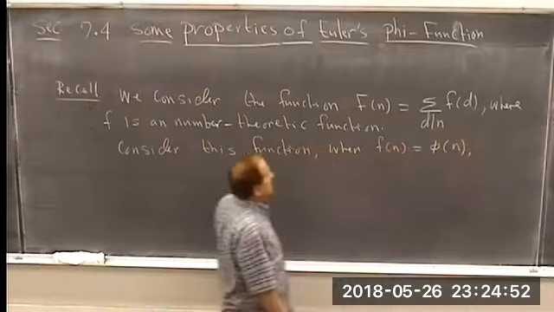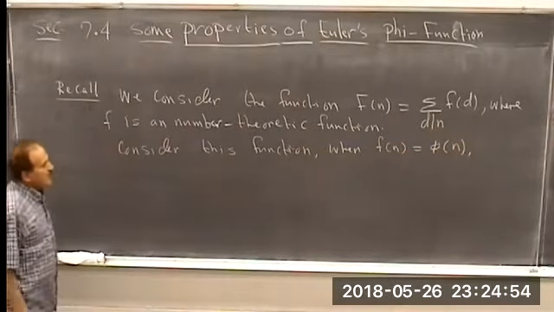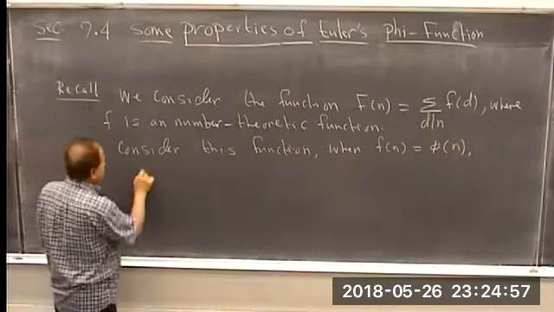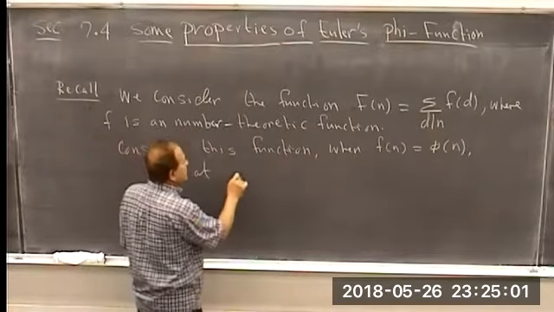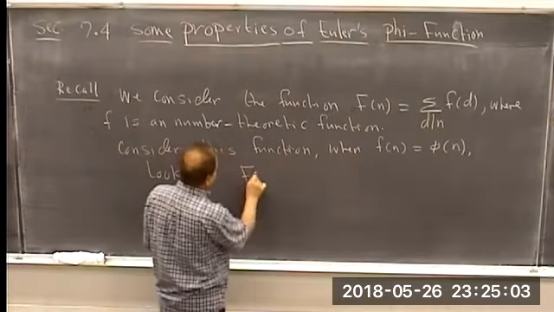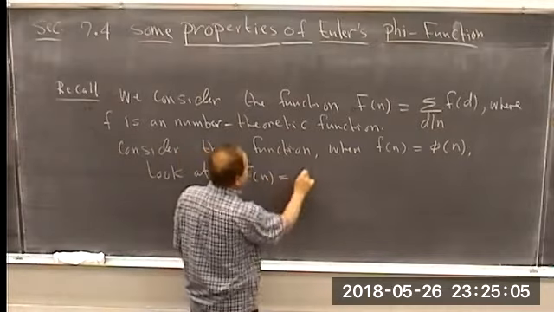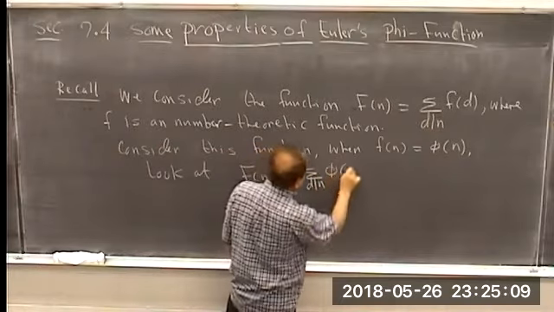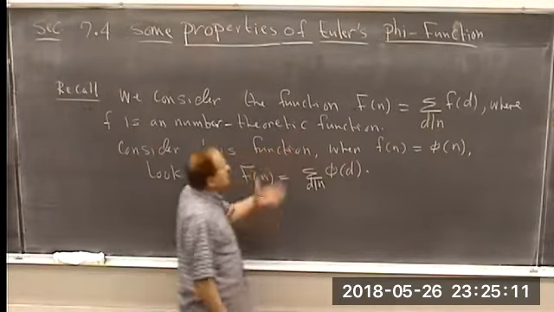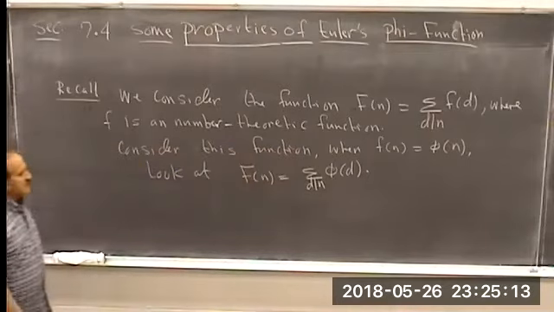In other words, we're going to be looking at this function, F(n) equals the sum over d dividing n of phi(d). So we need to determine what kind of a function this is.